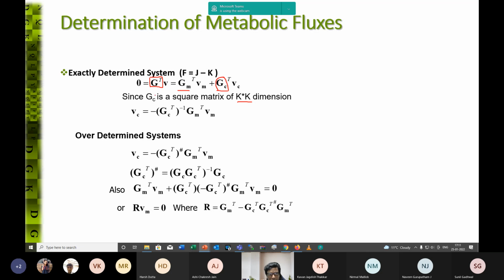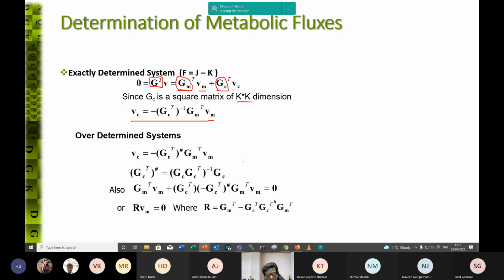So this GC matrix is a square matrix of K times K. Now this Vm is going to be of dimension depending upon the value of M. To get this equation, the left hand side has gone to 0, so you have to pre-multiply by the transpose inverse on both sides. If you switch sides, you get this equation. This is very clearly seen, right?